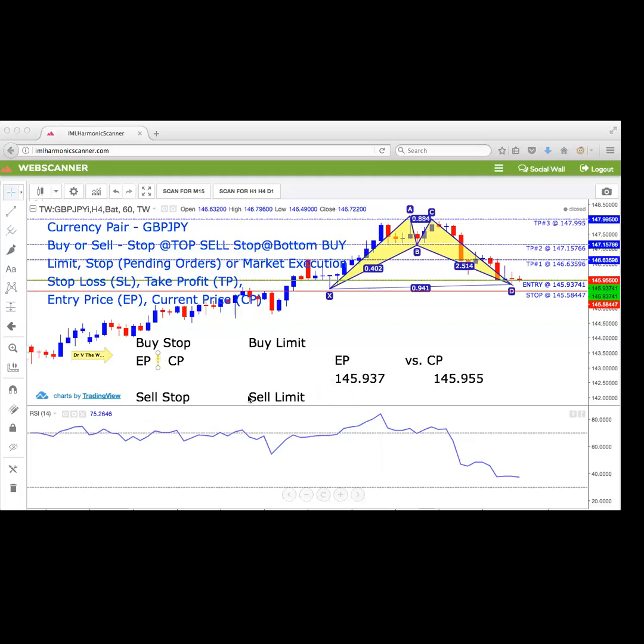So if your entry price is above your current price, then that's a buy stop.